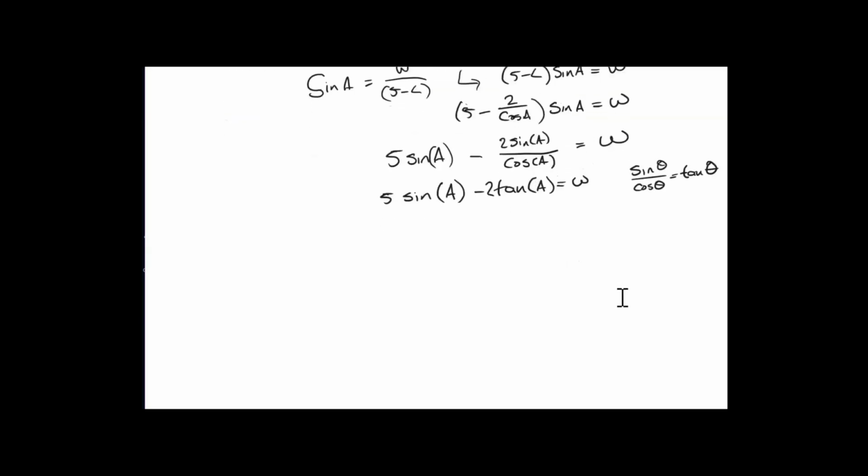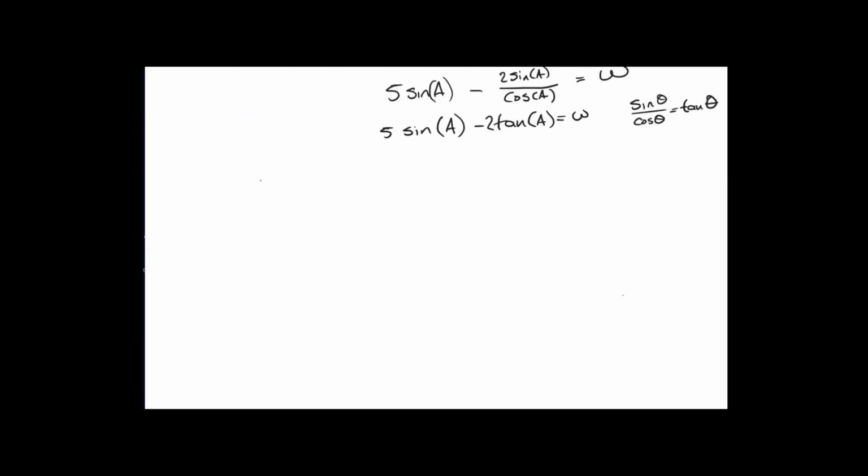So, because I don't want to be using the quotient rule for this, 5 sine A minus 2 tan of A equals W. Okay, so now we have W in terms of A. So let's rewrite that and differentiate it.